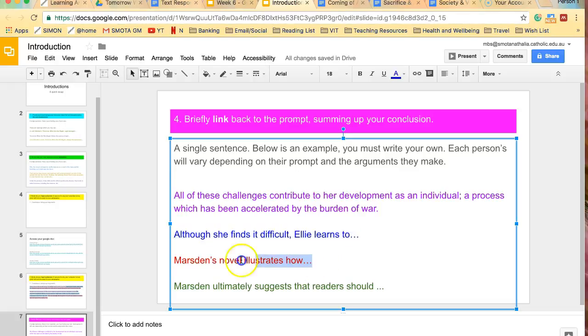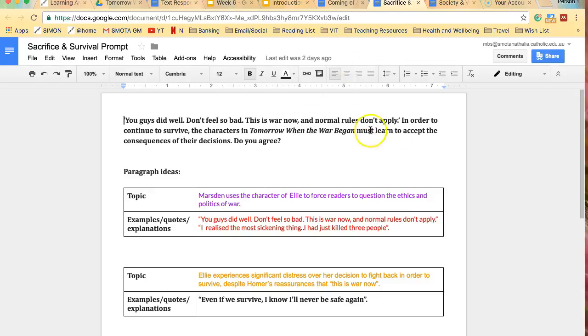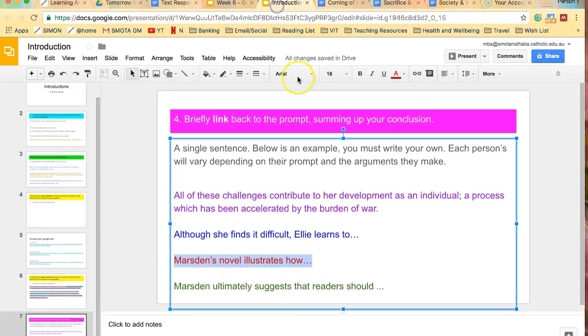Not your second one, but the person doing a different question like sacrifice and survival: Marsden's novel illustrates how, and you must link to this idea, individuals in war must learn to accept the consequences of our actions. If we are to survive, we must accept that things will change, that morals will have to be transformed if we are to survive, and accept them and live with ourselves because of that.